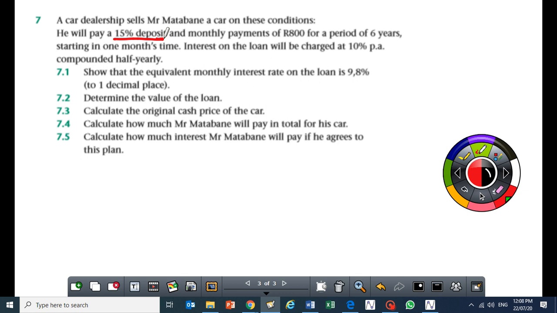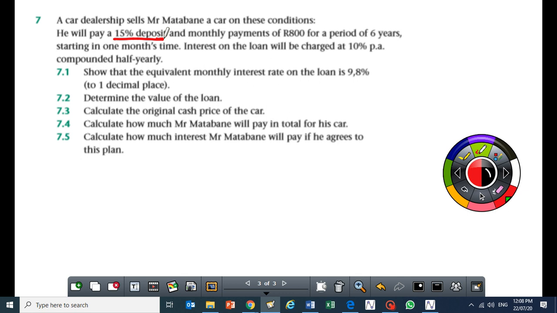When they apply for vehicle finance, if it is approved, in most cases they may request a deposit of 10% or 20%, depending, or even you yourself can offer to pay a deposit, because the advantage of paying a deposit is that it will lower the monthly payment.